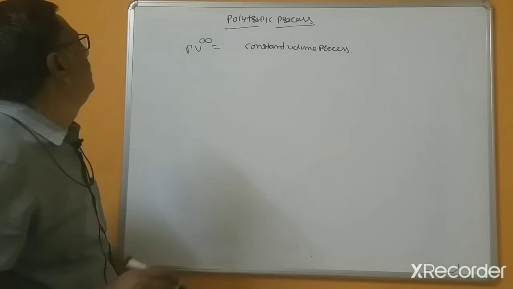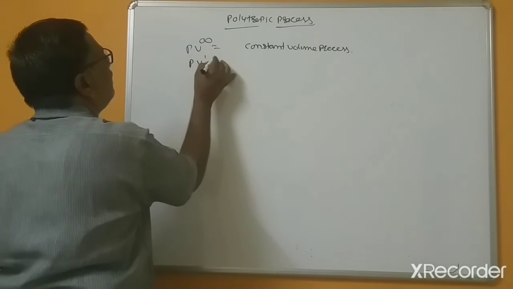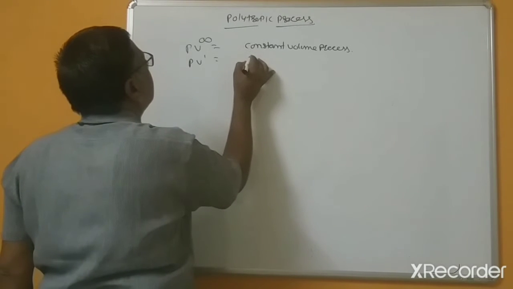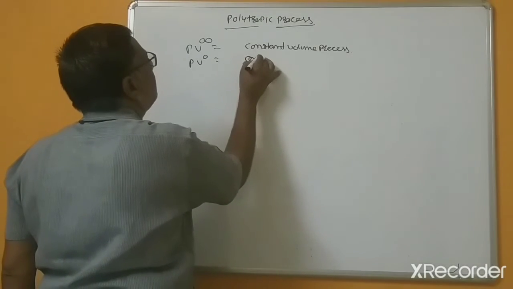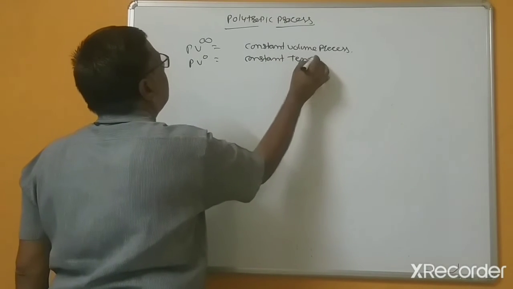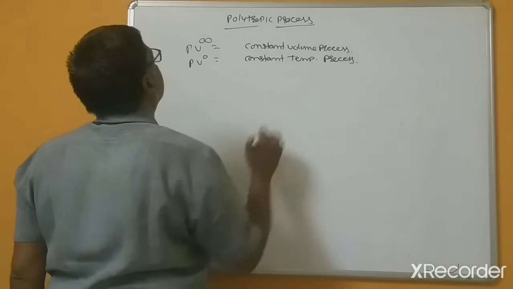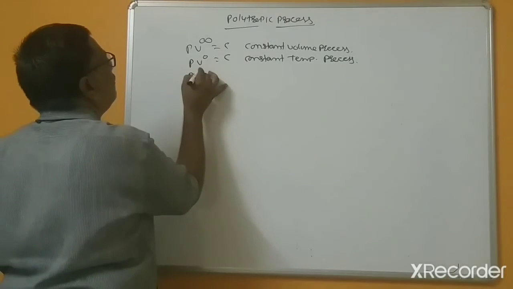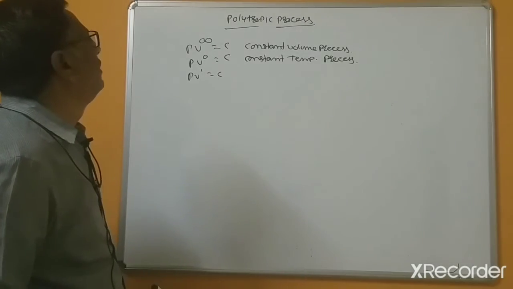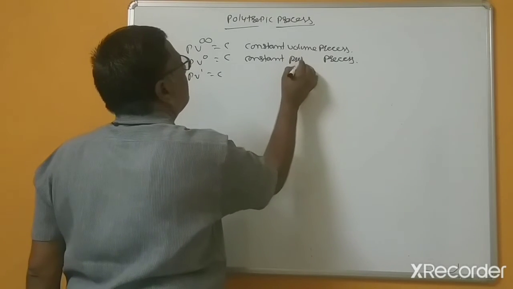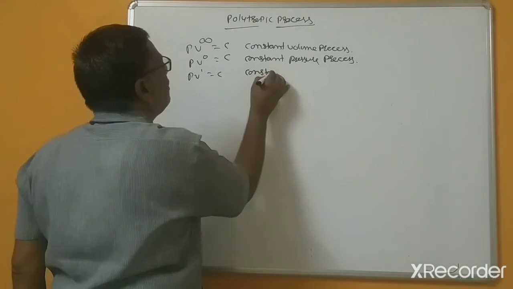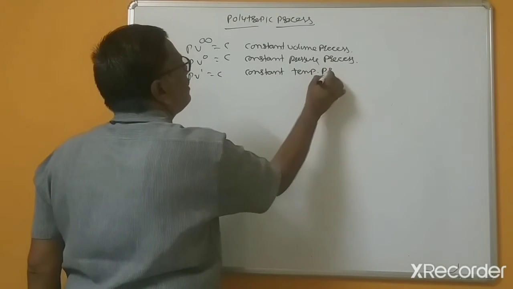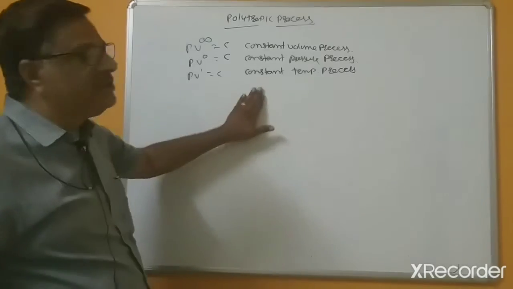PV raised to 0 equal to C is the constant pressure process. And PV raised to 1 equal to C is the constant temperature process, according to Boyle's law, or the isothermal process.